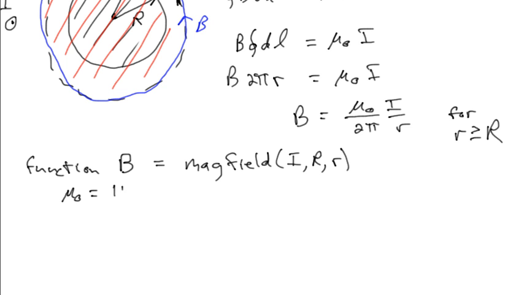I think I'll write it as pi times 4 times 10 to the minus 7th. And the units are Tesla meters per ampere. I'll put them in here, but not into the actual code. And what else do I need? This is one of my formulas.